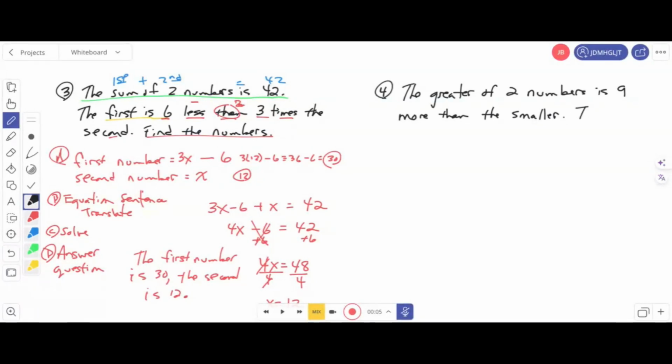Their sum is 67. Find the numbers. The greater of two numbers is 9 more than the smaller. Their sum is 67. Find the numbers.